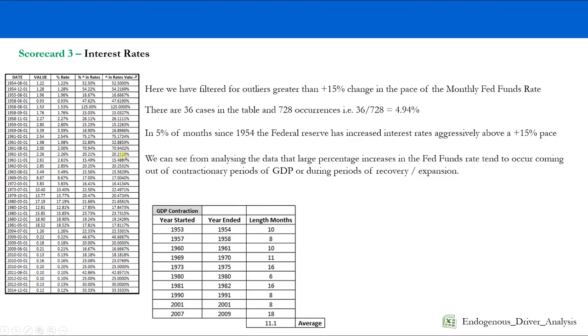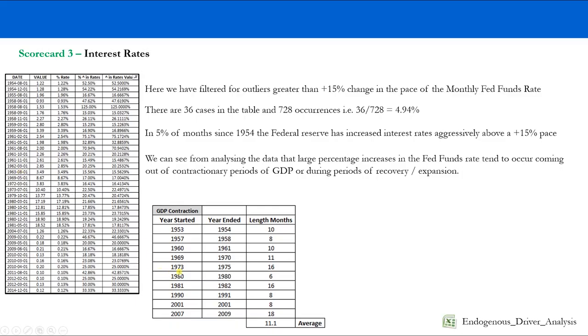In 1953 to 1954, we see big pace increases. In 54, 55, in 57, 58, we see them in 1958 and also in 1959. In the contractionary period of 60 to 61, we see most of these increases in 61, 62, and 63.